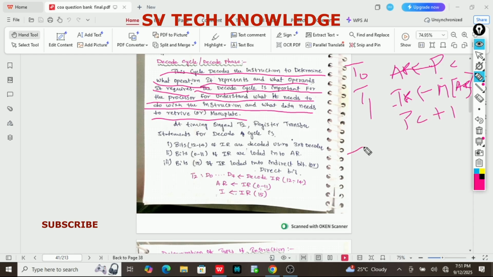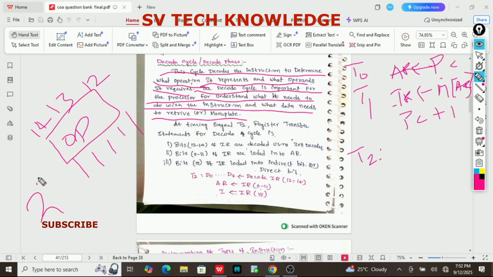Now at time T2, the entire instruction is going to be decoded. What are the things to decode? In total we have 3 bits for the opcode, bits 12, 13, 14. These 3 bits are divided into 8 operations, because 2 power 3.